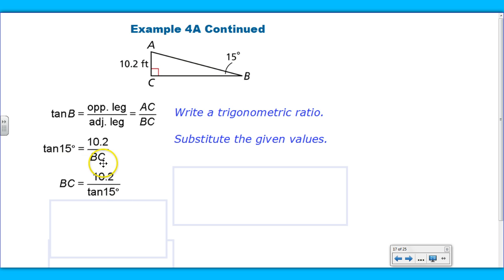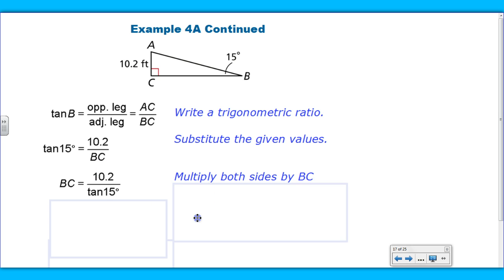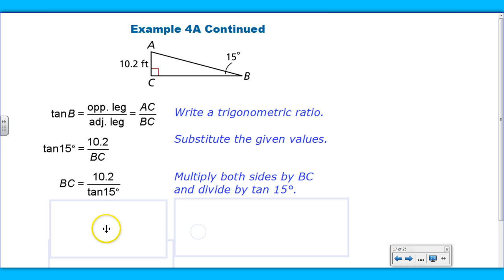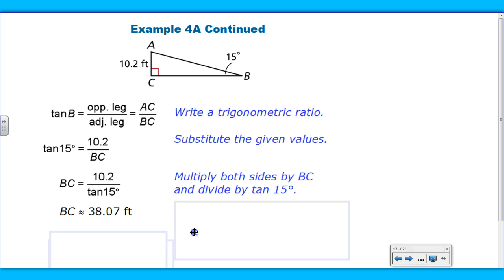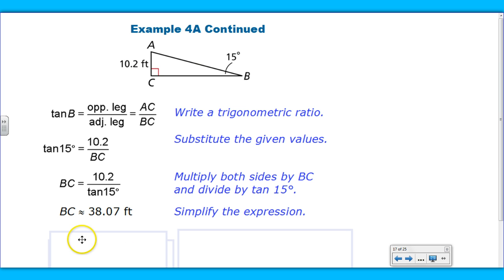So we're using our cross products property to isolate BC, and we therefore can use our calculator now to find BC, or you can use a table. Your book has a table in the very back of these trigonometric ratios, and you could look up the tangent of 15 degrees, and that would be your divisor. And we have found in this case that BC is 38 7/100 of a foot.